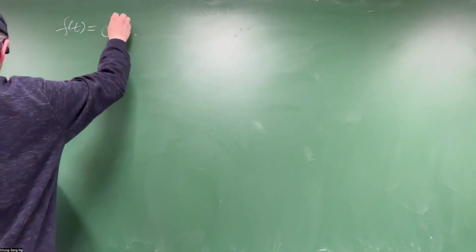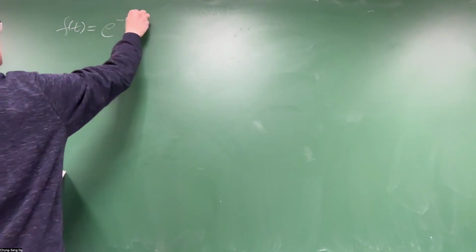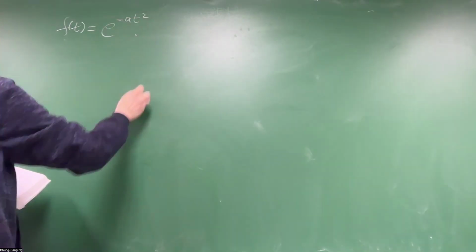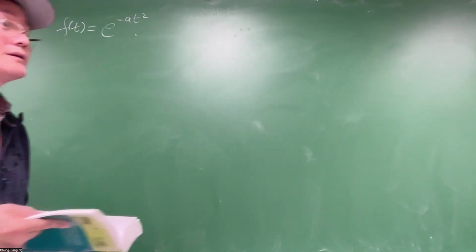And this is e to the minus a t squared. Obviously a should be positive, because otherwise f would not be a well-behaved function for large t, right?